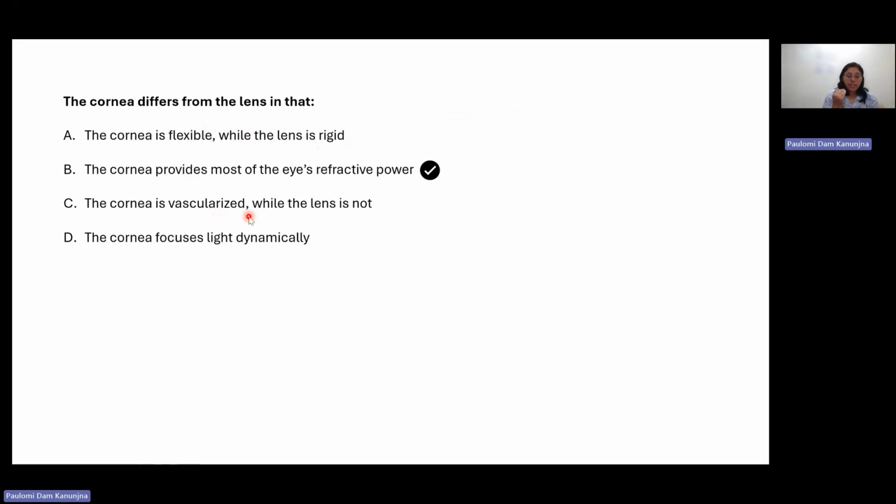You would say the lens also refracts, yes, but the words here are most of the refractive power, which is correct because your cornea does 70% of the refraction and your lens does the remaining 30%. So the statement is correct in that it is mostly done by the cornea. That's why it is the correct statement, and that's the difference between cornea and lens, right?